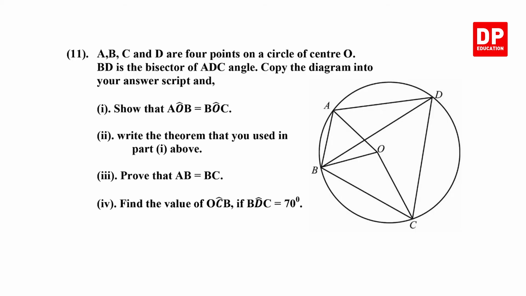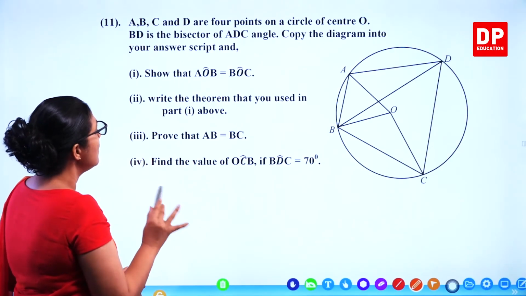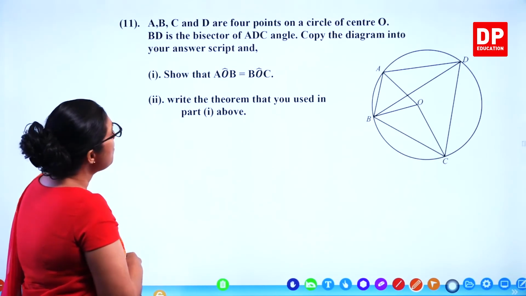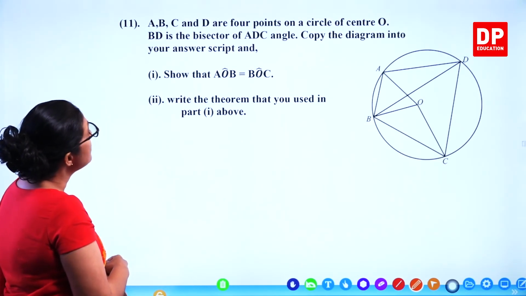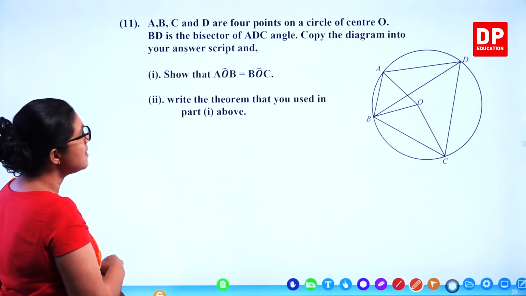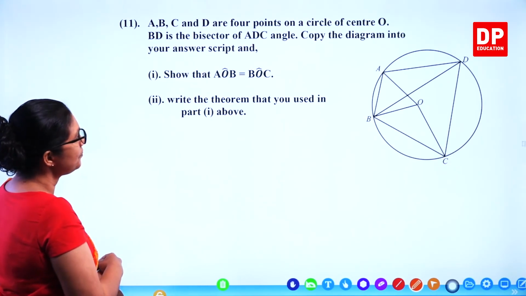Let's do question number 11. You have to prove some of the angles are equal and lengths are equal. A, B, C and D are 4 points on a circle with center O. BD is the bisector of angle ADC.